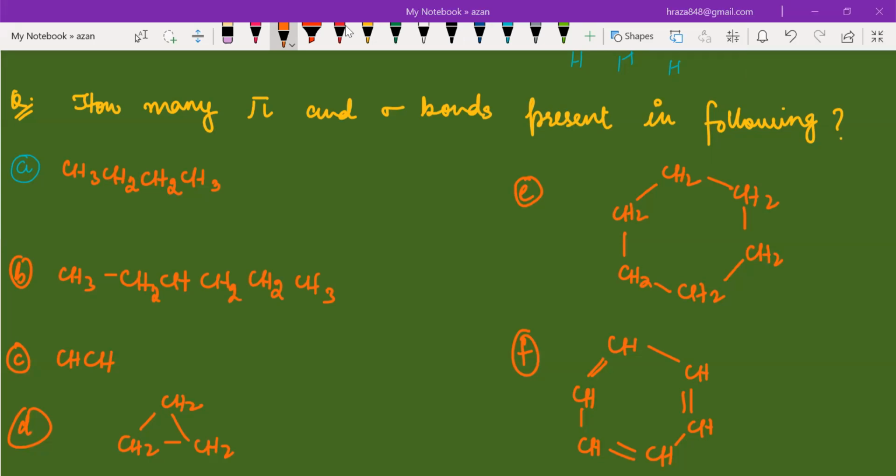Please do solve it. Yes, sir. Calculate the number of sigma and pi bonds in the following. Okay.